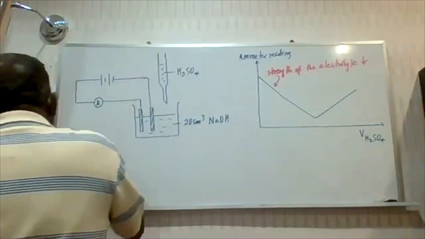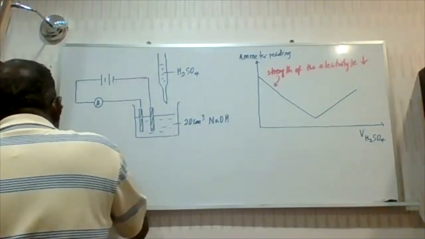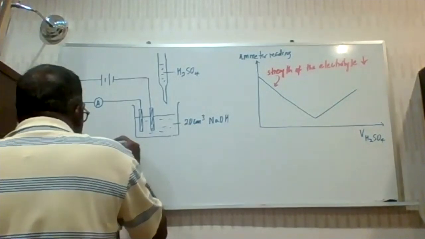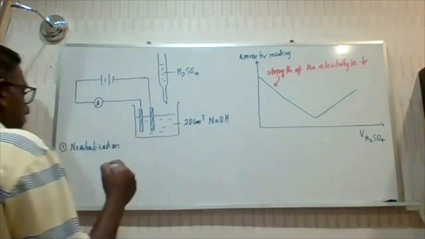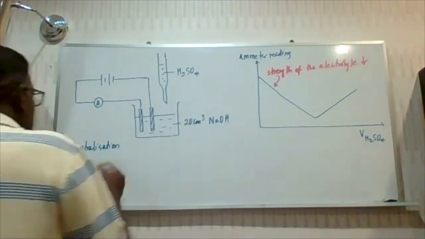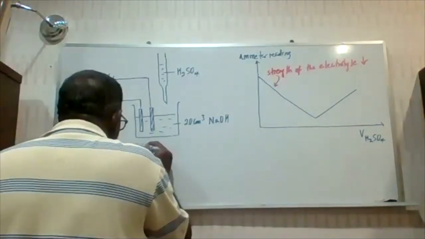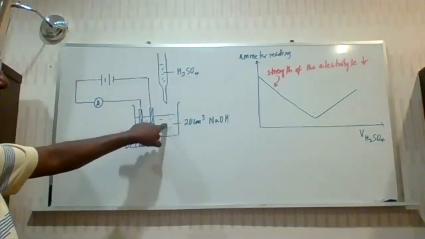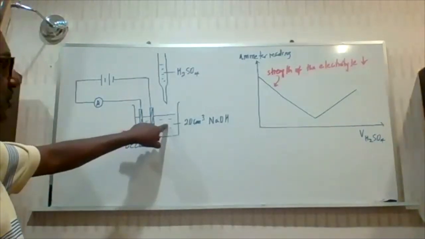Number one, what is happening? A neutralization process is happening. When sulfuric acid is added to sodium hydroxide, neutralization occurs. Now the point is, is all the sodium hydroxide in the beaker neutralized?